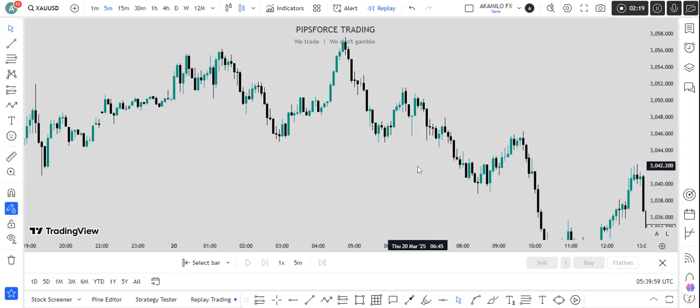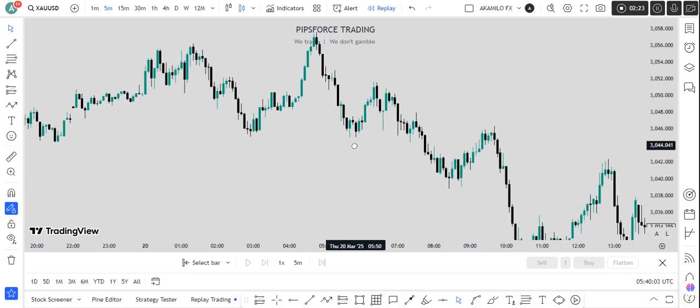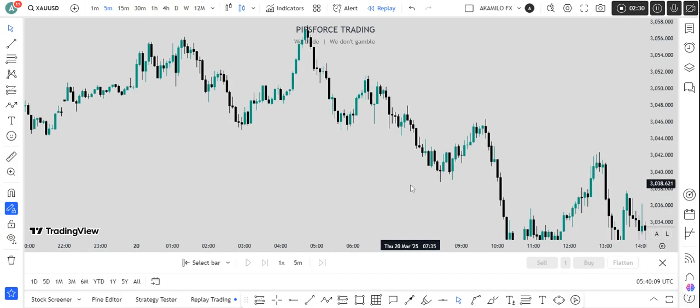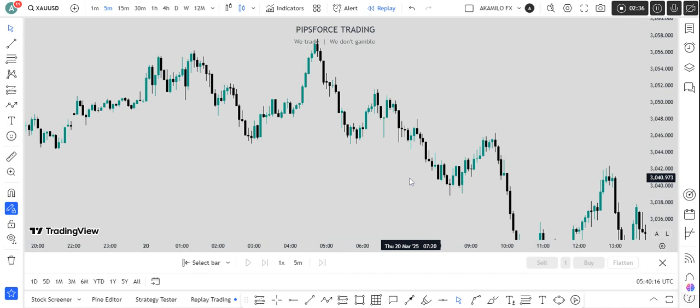It applies to all because there are institutions that move all these markets, and there is money involved, and they manipulate people to make sure that their positions go on well. So I'll show you an example on a diagram before we come to the live chart.